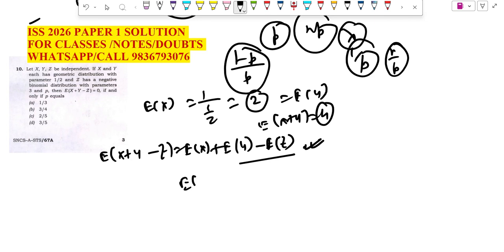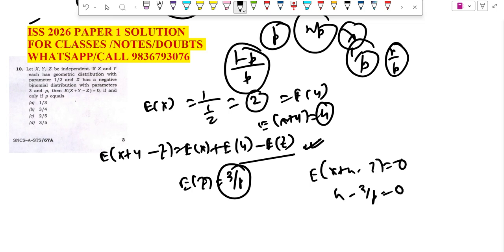So expectation of z is equal to 3 by p. This is done. So using the condition expectation of x plus y minus z equal to 3, 4 minus 3 by p equal to 0. So p equal to 3/4.